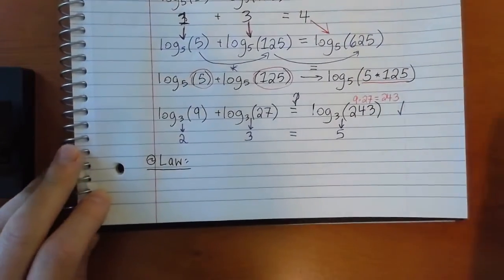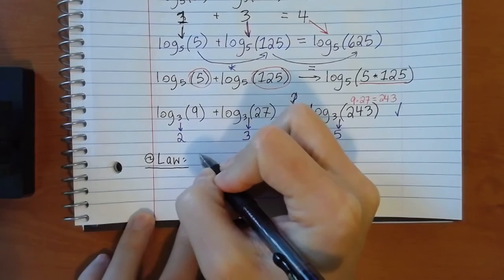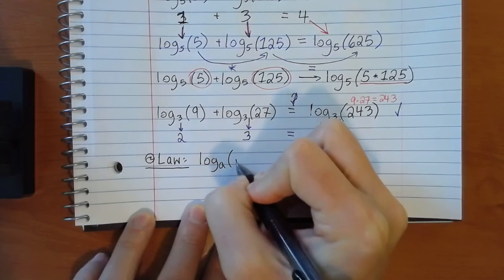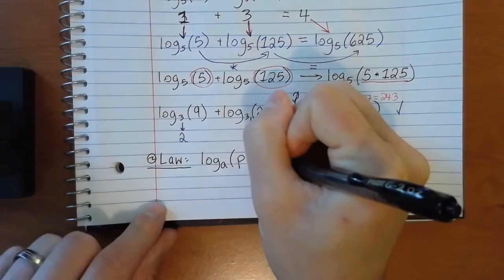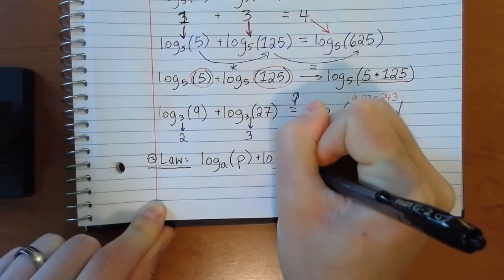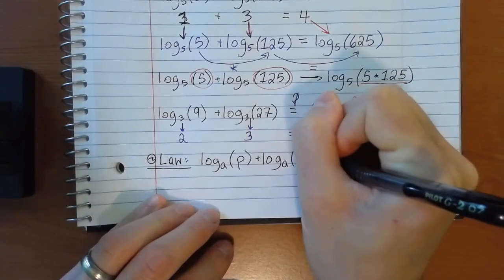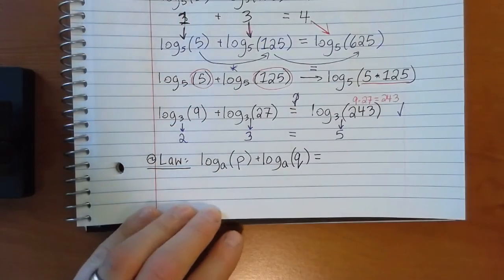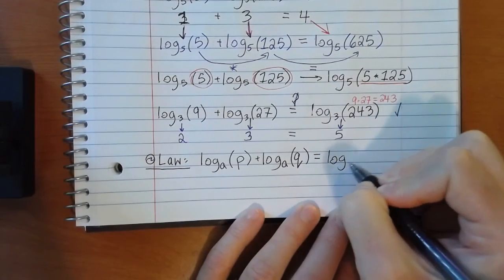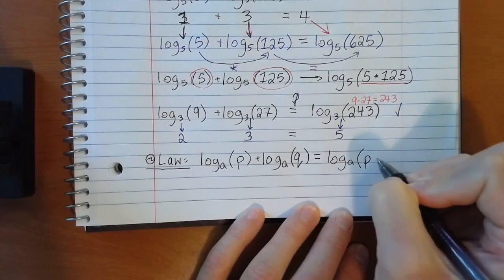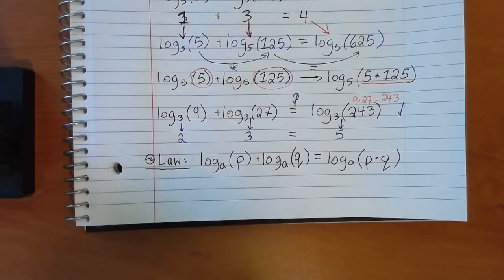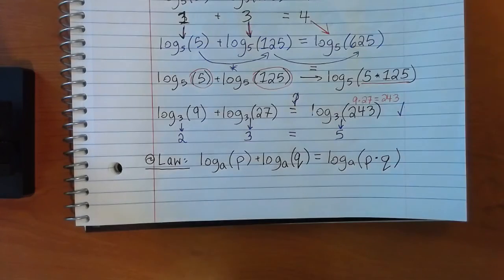So our second law is going to be log base A of some random number P plus log of the same base A of some random number Q is going to be equal to log base A of P times Q. And that is 2 of our logarithm laws that we will be learning about. And we will continue learning about logarithm laws in our next video.